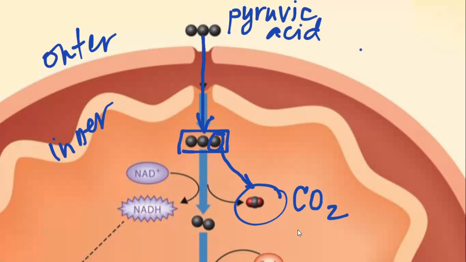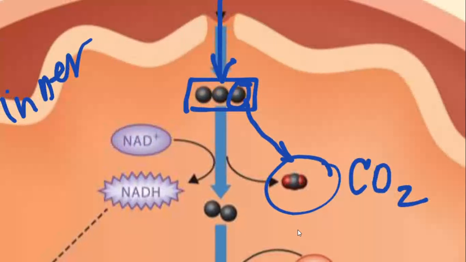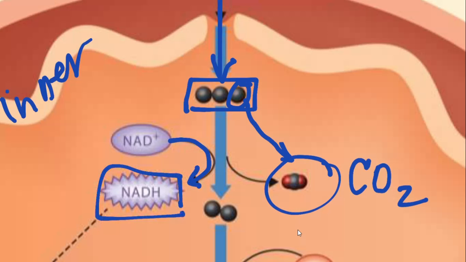And as I said before, whenever the cell removes carbon dioxide, it's able to harvest energy. And it harvests energy in the form of 2 electrons stored in NADH. That leaves us now with a 2-carbon molecule that still has pretty high energy in it.